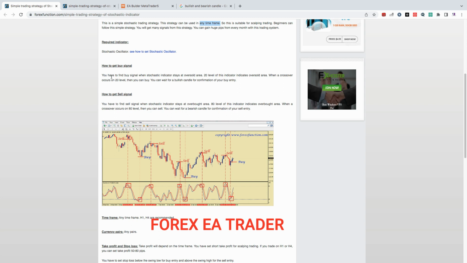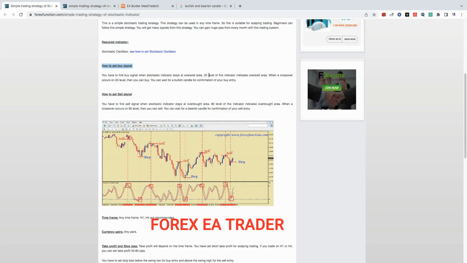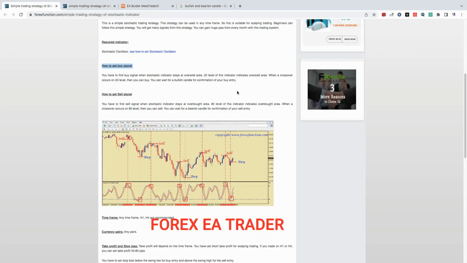How do we enter buys? You have to find a buy signal when stochastic stays at the oversold area, which is this area here, oversold. The 20 level of this indicator indicates the oversold area, of course. 20 level, 80 level, don't forget it.